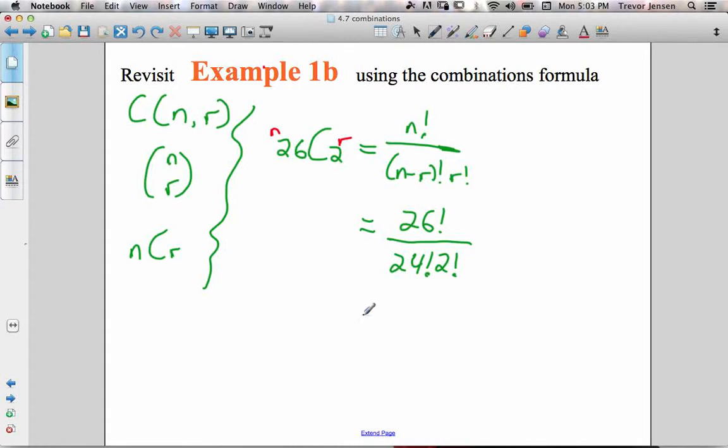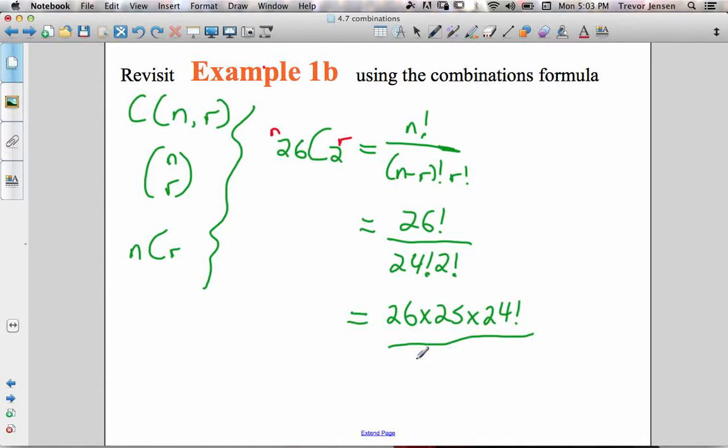So if I calculate this, we could expand out the top and the bottom and cancel out pairs of factors. I'm going to simplify 26 factorial to 26 times 25. Then it would keep going times 24 times 23 all the way down to 1, but I could end the expansion by putting a factorial symbol. So this means 26 times 25 times 24 factorial, and 24 factorial lets you know that it keeps going all the way down to 1.